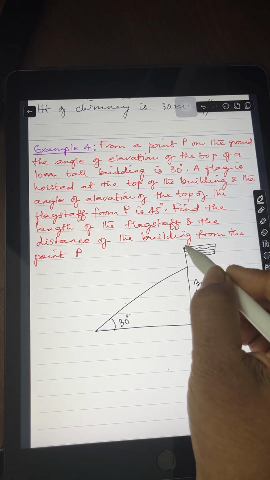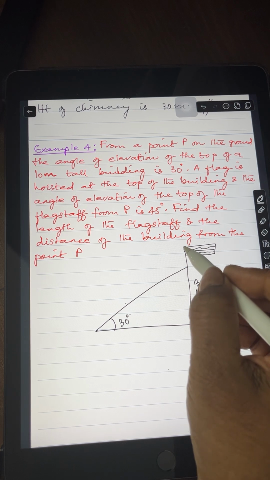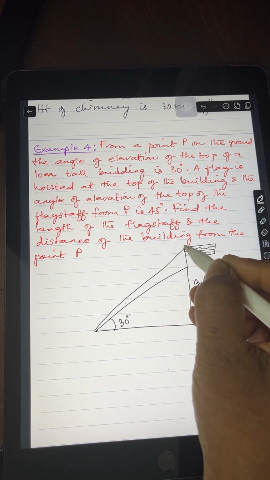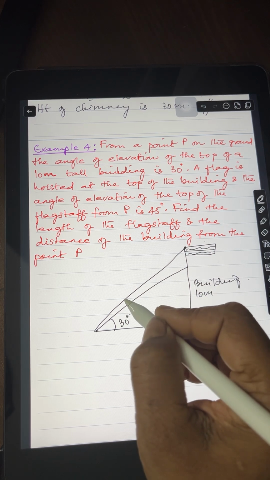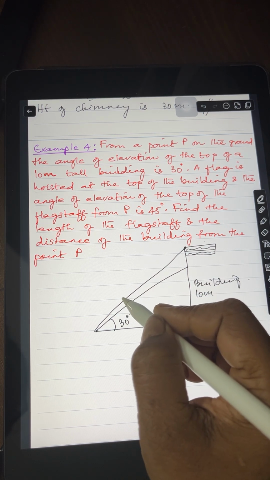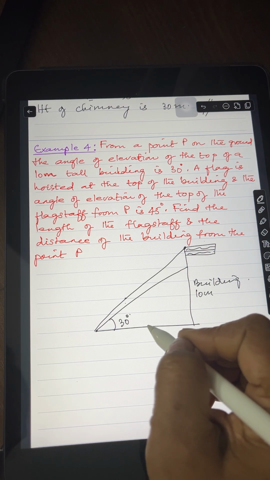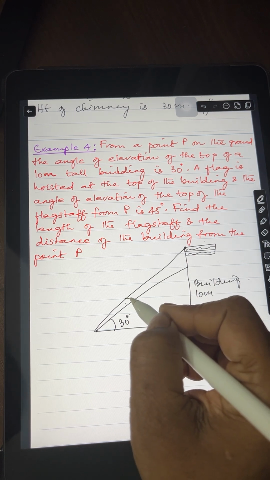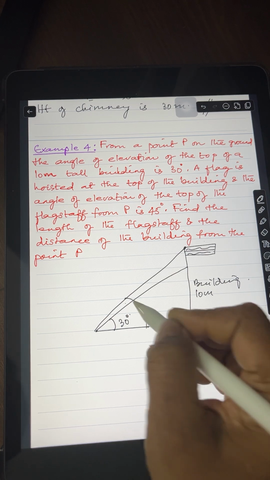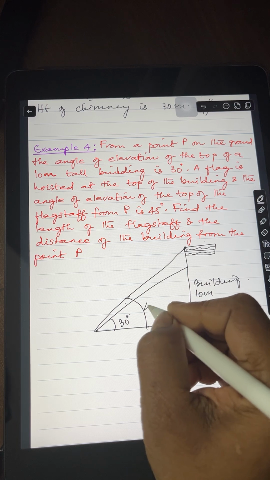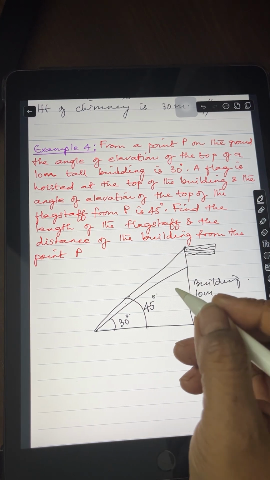Now this is the top of the flagstaff. He is saying the angle of elevation again is 45 degree. Which is the line of sight here? This one. And which is the horizontal line? This is the horizontal line. The angle between the line of sight and horizontal line is the angle of elevation. So this is 45. Understood?